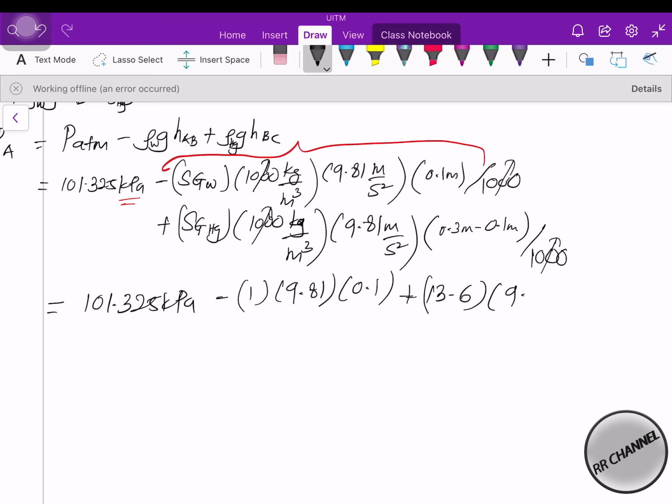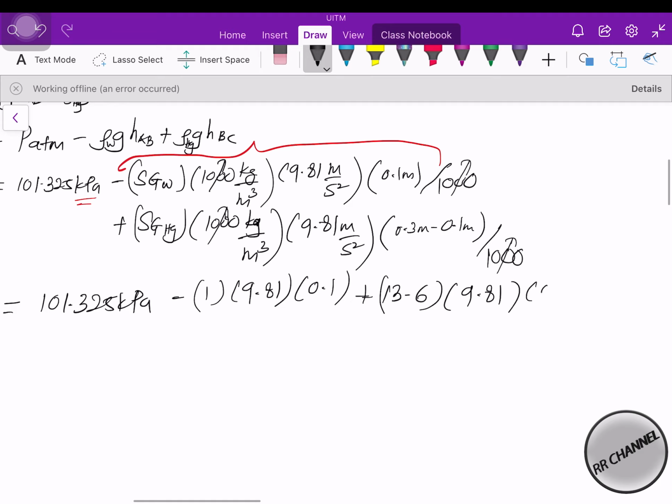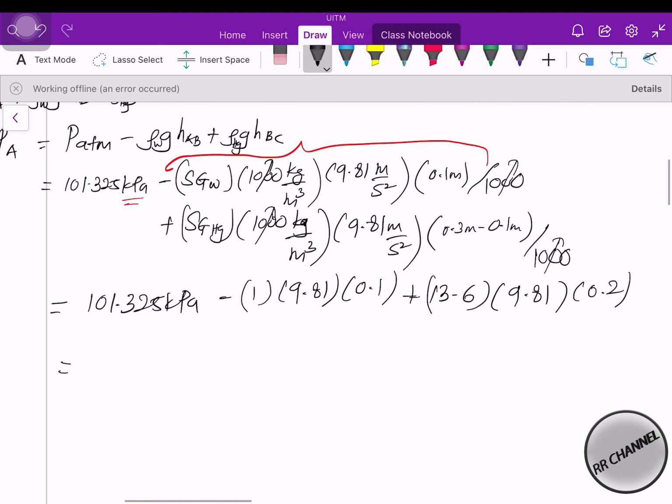This one is 9.81, and then the difference of distance here, 0.3 minus 0.1, is equal to 0.2. Okay, so the units are consistent in kPa. So the answer that you will get is 127.03.